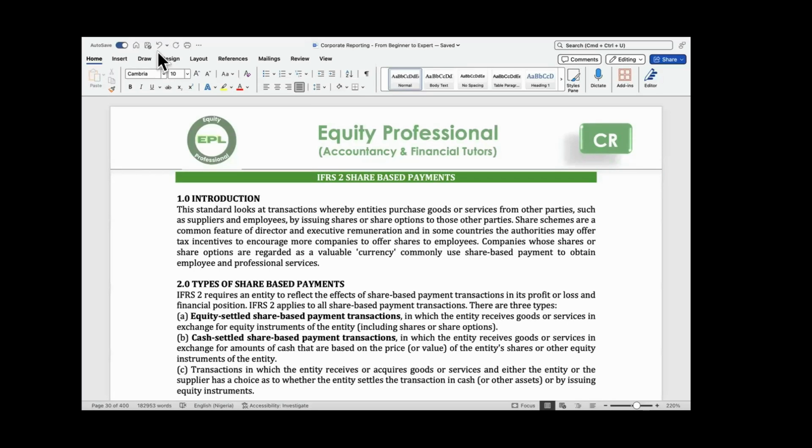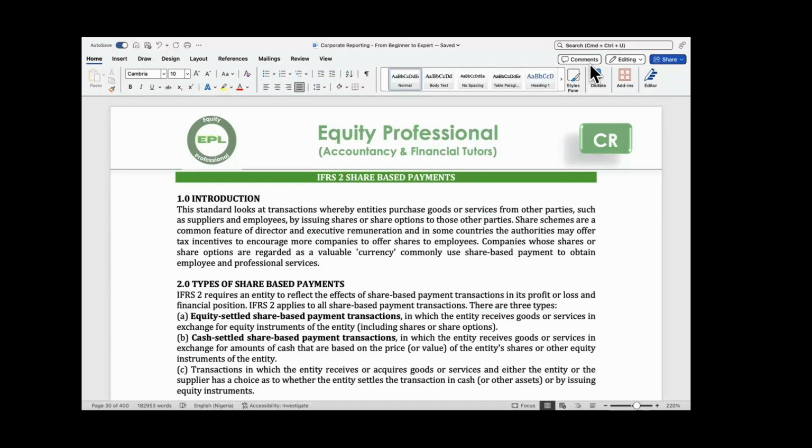Remember that we started looking at IFRS 2 share-based payments last week. And I explained to you that this standard came to be when entities started using their equity instruments to pay for goods or services.